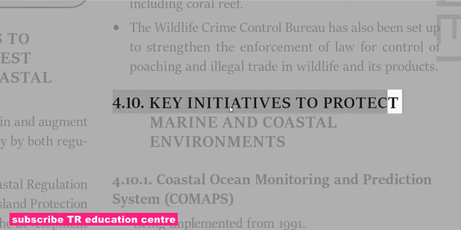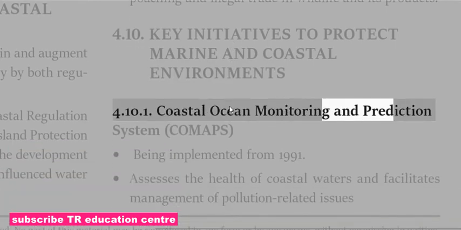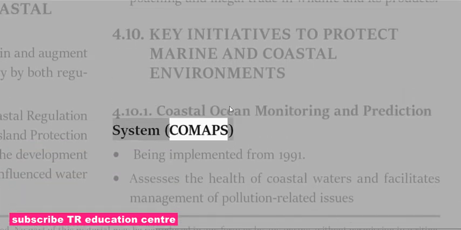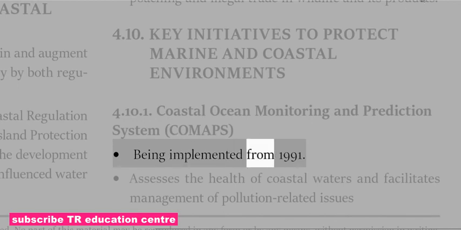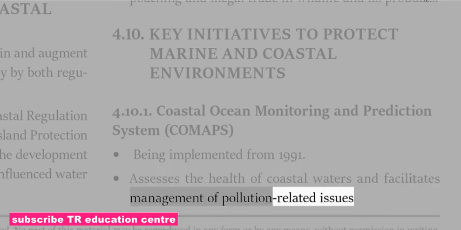4.10 Key initiatives to protect marine and coastal environments. 4.01 Coastal Ocean Monitoring and Prediction System, COMAPS, is being implemented from 1991. It assesses the health of coastal waters and facilitates management of pollution-related issues.